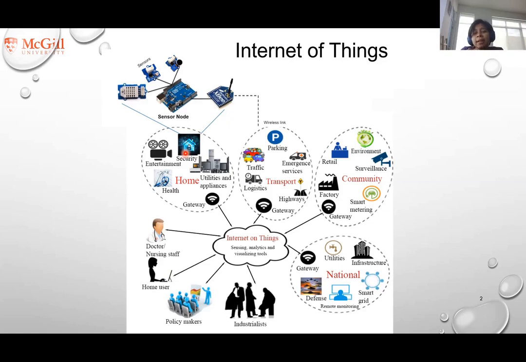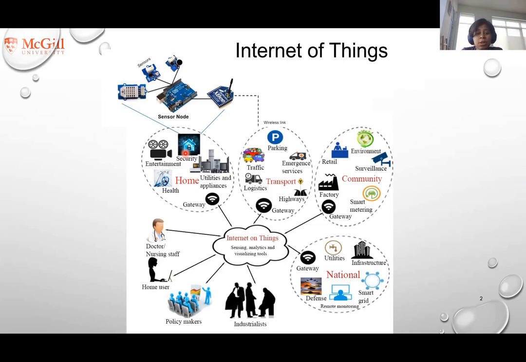The whole idea is that all these sensors monitor different parameters, and then send the data to a central area through some gateway. Using the internet and the gateway, they send all of this to a central database.